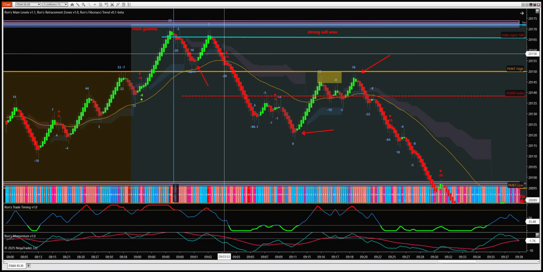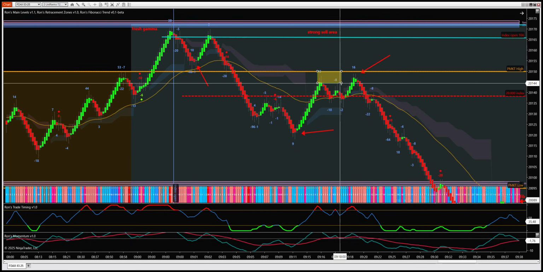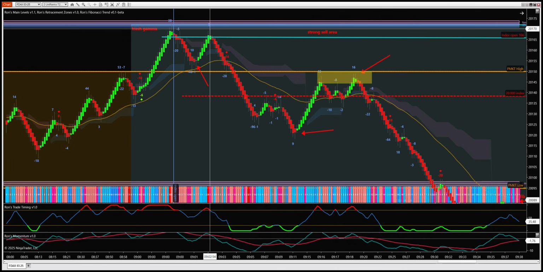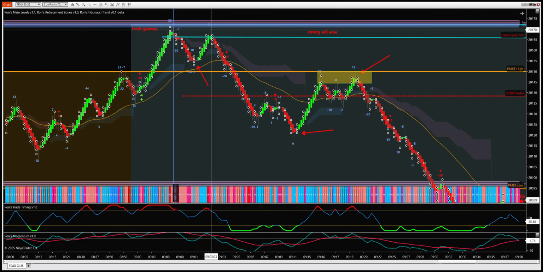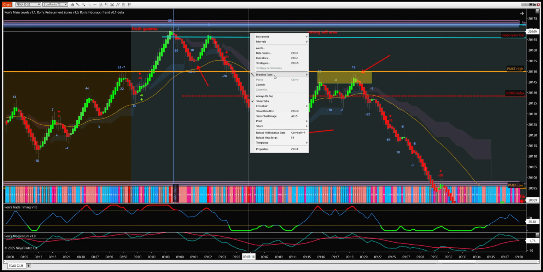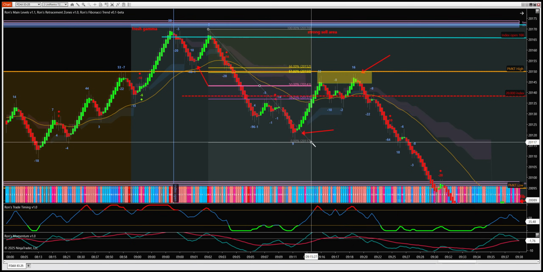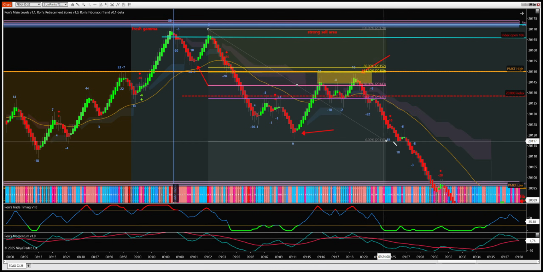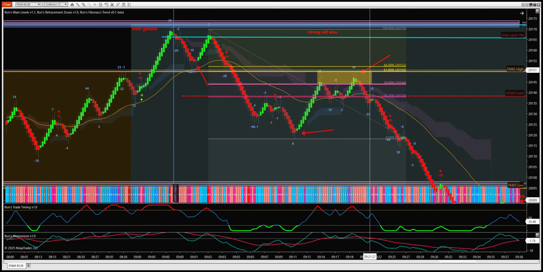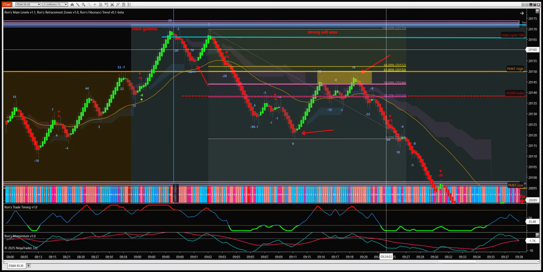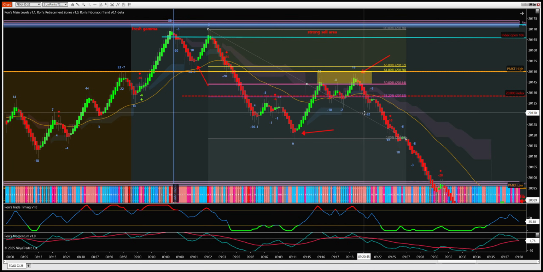Also, this pre-market retest here, this golden area, was also the fib retracement of this high. Nice coincidence. Here, this high towards the low. I call this the golden zone between 50 and 61.